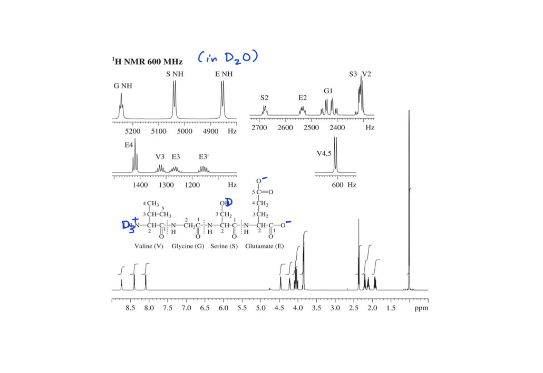The analysis begins by focusing first on the deshielded region, which corresponds to the amide NH groups. The portion of the spectrum around 4 parts per million then corresponds to hydrogens on carbons that are bonded to the heteroatoms nitrogen and oxygen.